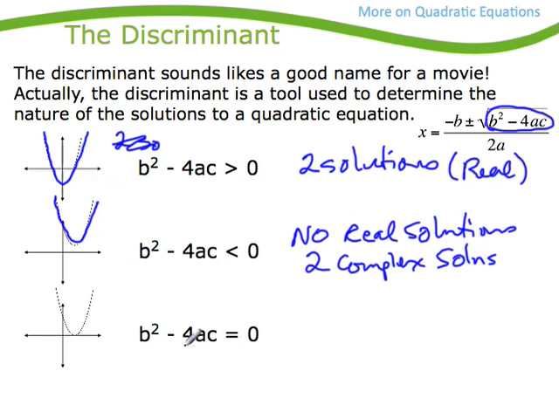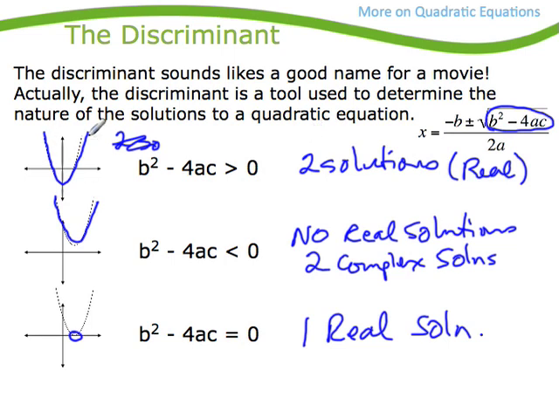The third thing that could happen is if underneath the square root sign I come out to a number that's exactly 0. If this discriminant, that's what they call it, comes out exactly to 0, then I'll have one real number solution, and the answer will be wherever the graph just touches the x-axis. So the discriminant is sometimes helpful for determining the kinds of solutions you get.